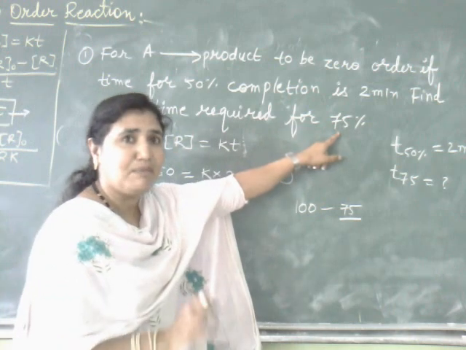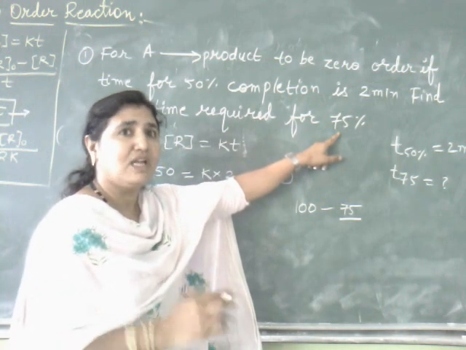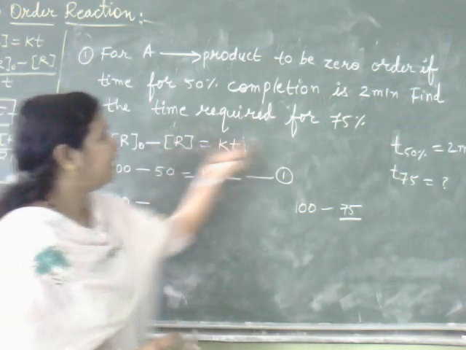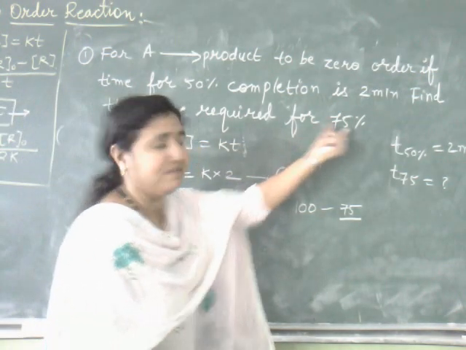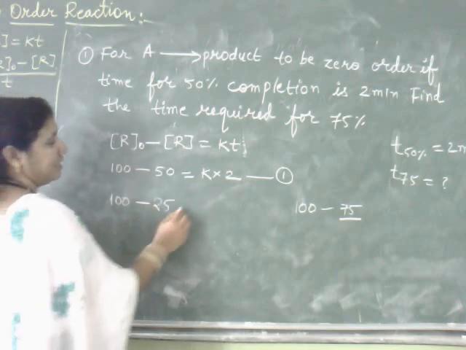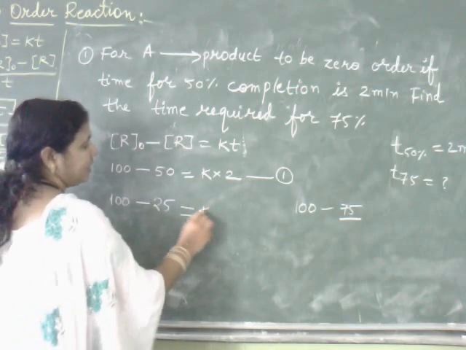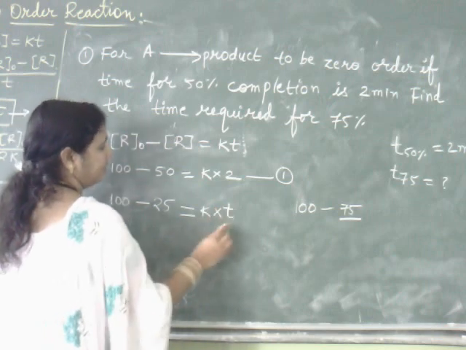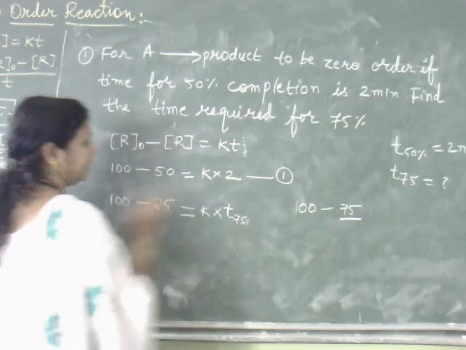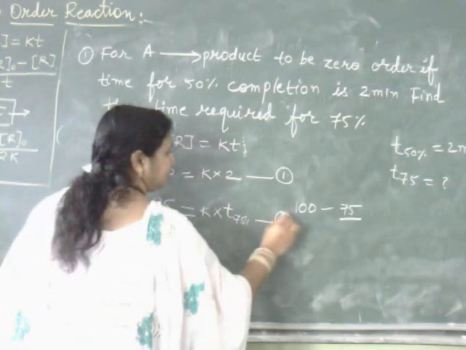The reaction has completed 75%. Then how much reactant is left? That is our R. So it is 100 minus 75. What will we get here? 25. So 100 minus 25 you should take here. So it is equal to K into T. This one we have to find out. It is T for 75% completion here. This is equation number 2.